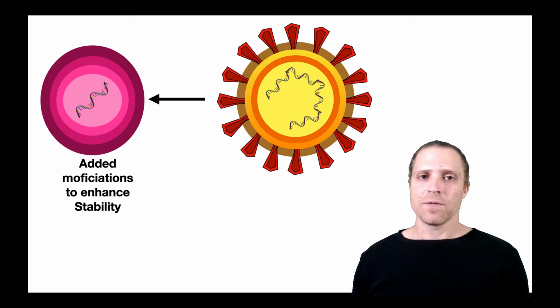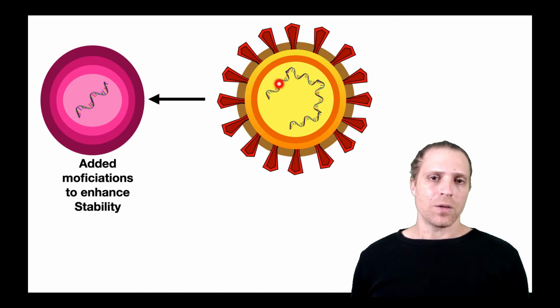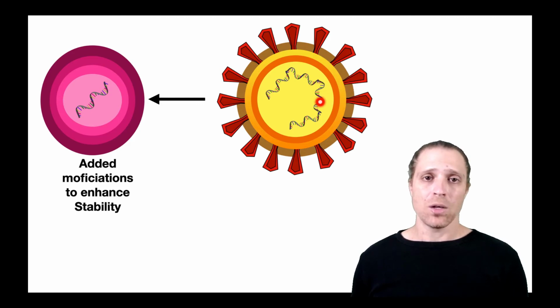So to generate the vaccine, what the researchers at Pfizer, BioNTech and Moderna did was to take, from the entire RNA genome of the virus, the segment that encodes the spike protein. This segment alone was used to synthesize a synthetic version of this RNA segment.